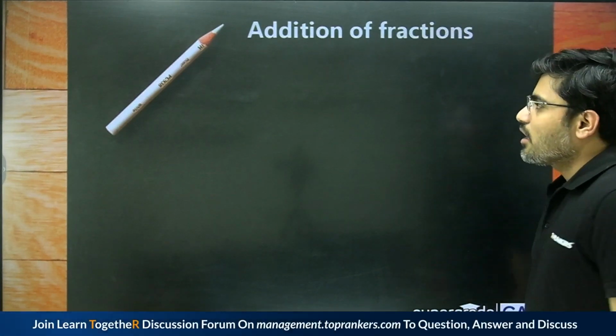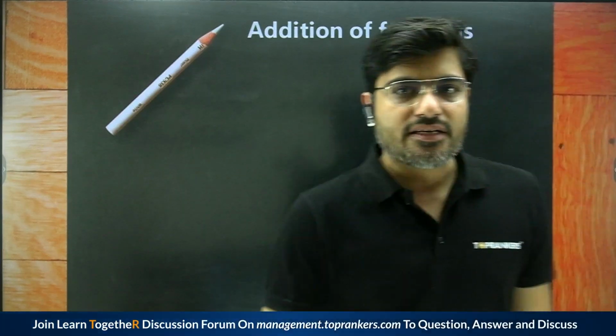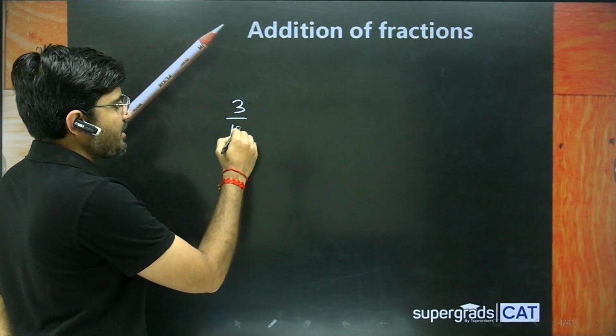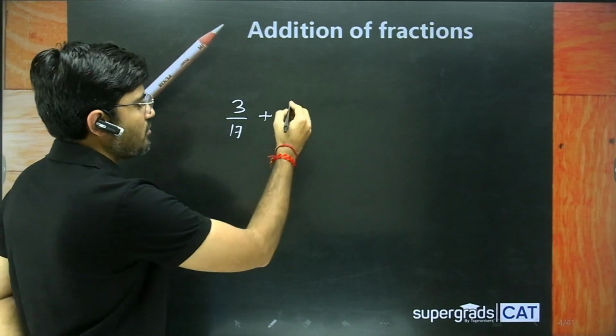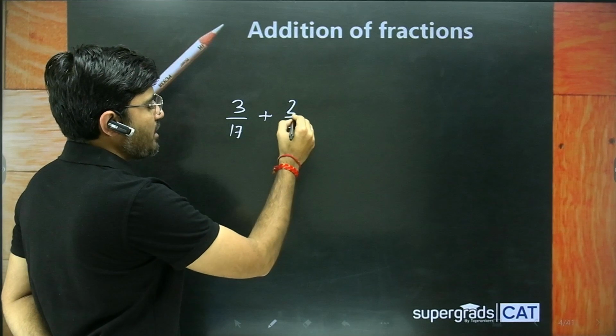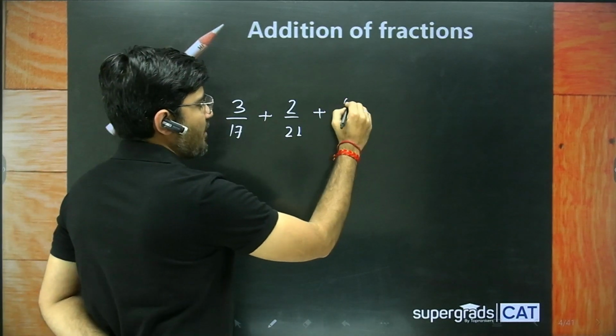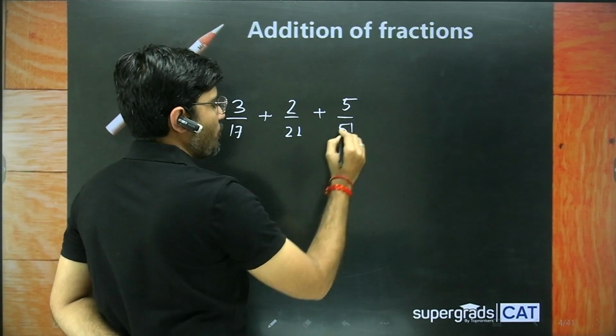Still, covering more aspects of addition of fractions. Suppose there is a term like 3 by 17 plus 2 by 21 plus 5 by 50.